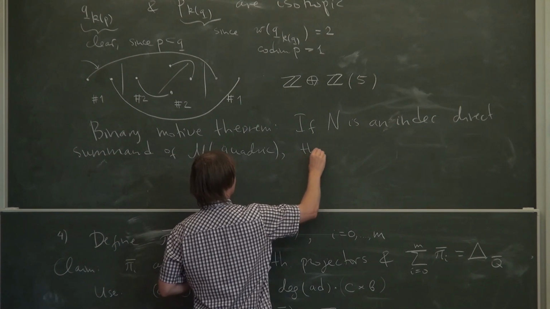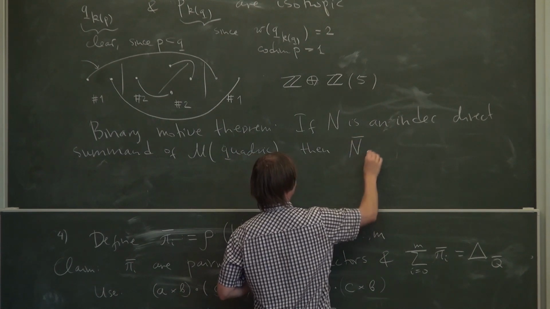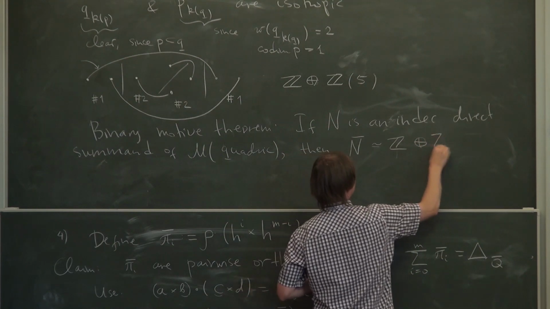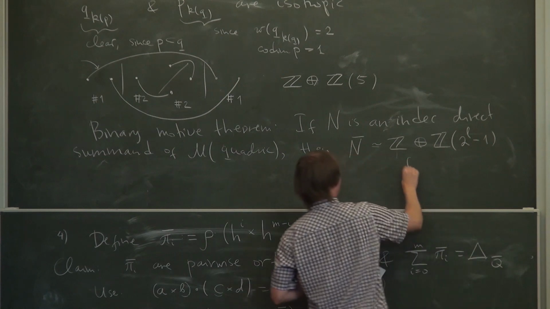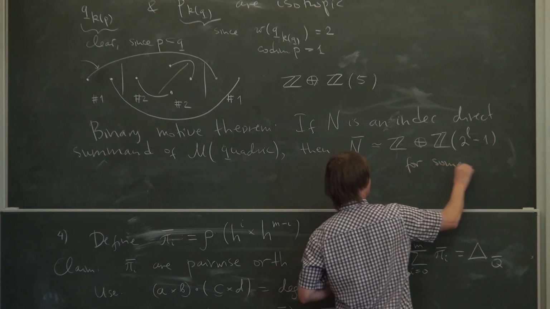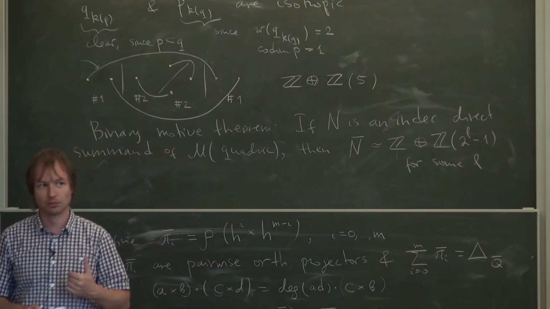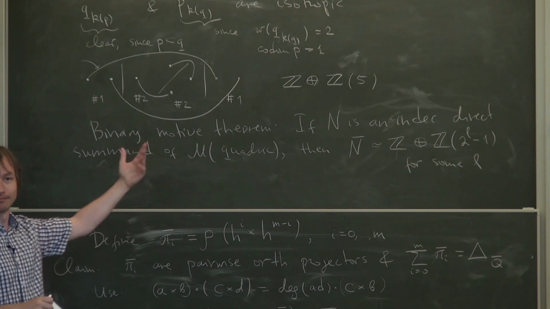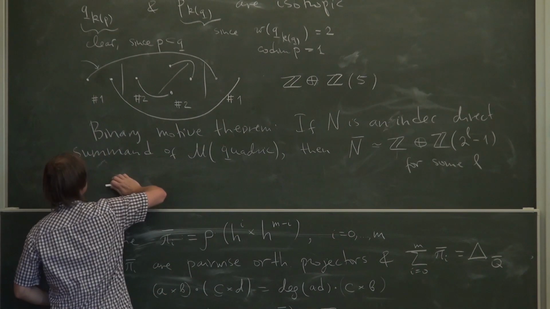So then N over the closure is isomorphic to Z plus Z shifted by 2^L minus 1 for some L. It should be exactly the same shift as for Rost motives. And 5 is not of this form. So, indeed, it should be a connection.